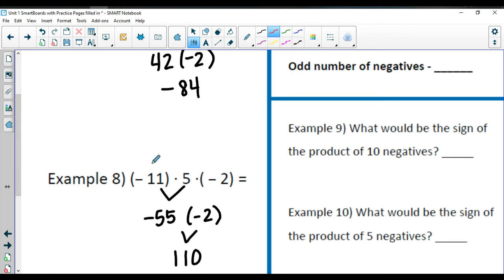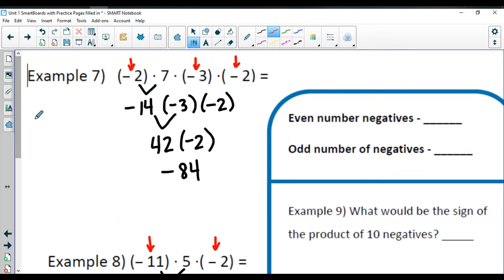Down here in example 8, I had 2 negative numbers, and I ended up with a positive. So a little rule that makes this easy for you, which could have eliminated us playing around with these negatives: if I have an even number of negatives all being multiplied together, my answer is always going to be positive, because a negative times a negative, that's 2 that you would need. For every set of 2, they basically cancel each other out and make it positive.